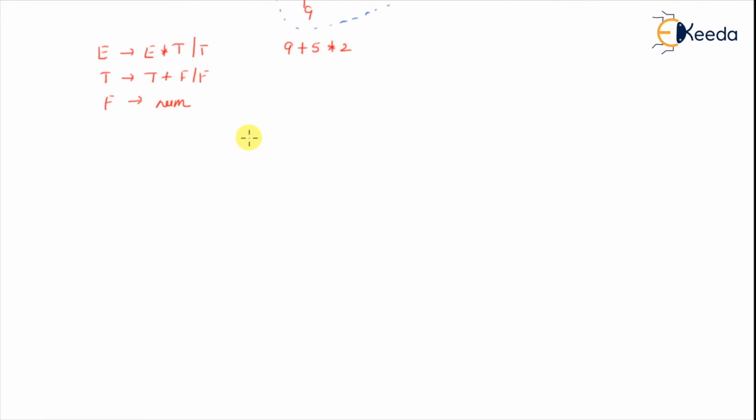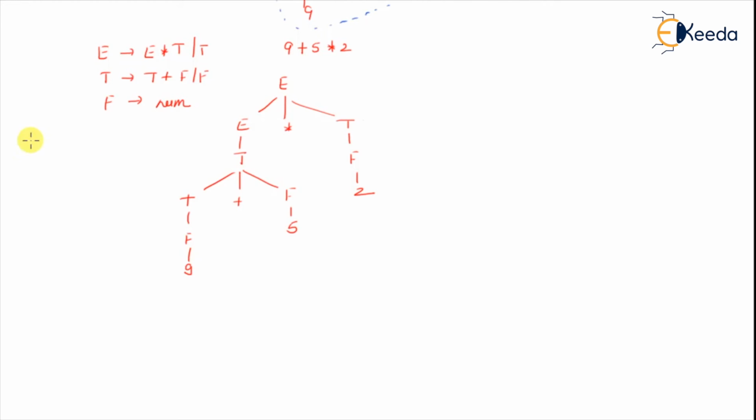For this we have E derives E star T. Then I want plus on the left side, so I go with E to T, and T derives T plus F, T to F, F to number which is 9, F to number which is 5, and T to F, F to number which is 2.